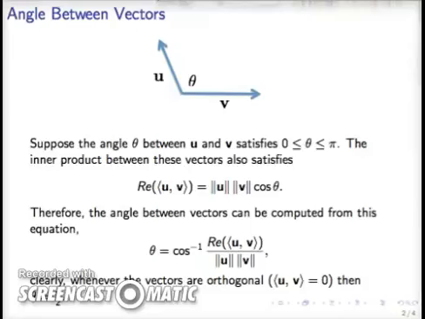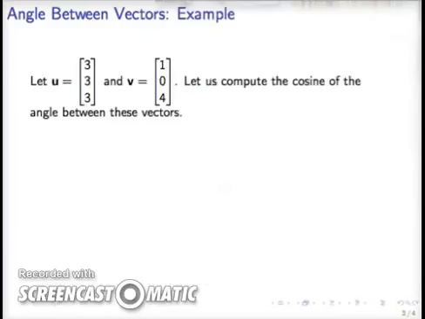So let's work out an example. We first work an example in which the imaginary part of each entry in both of these vectors is 0, and this makes the calculations a little easier. We first compute the inner product between u and v, and since the imaginary parts are 0, thinking about conjugates, it's rather straightforward.